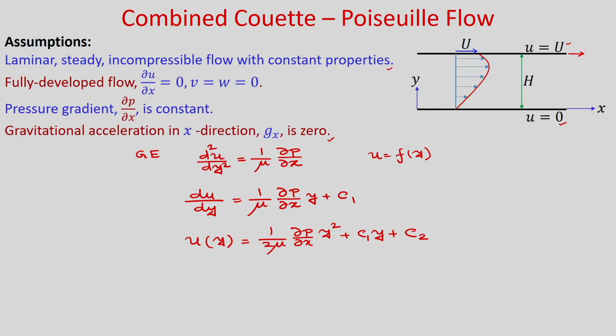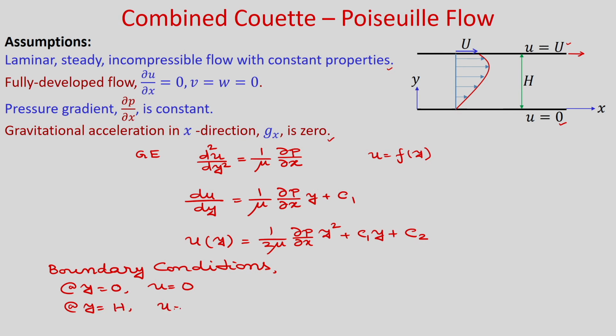One is at y is equal to 0, velocity is 0, u is equal to 0, and at y is equal to h, the upper plate is moving at a constant velocity U. So, u is equal to capital U. So, we have boundary conditions: the bottom plate is stationary and the upper plate is moving with a constant velocity U.